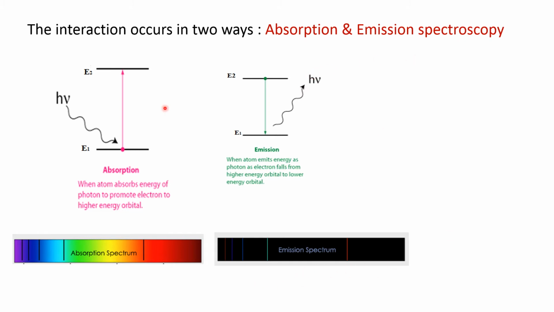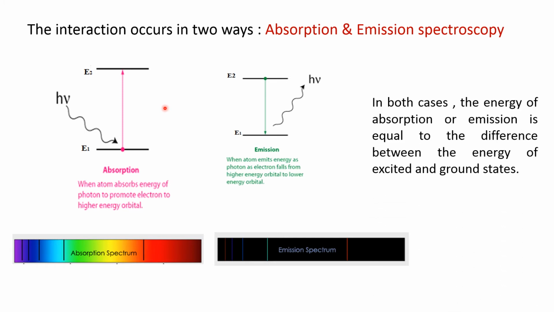And we will get an emission spectrum. So in both cases, energy of absorption or energy of emission is equal to the difference between the energy of excited and ground state, that is E2 minus E1 is equal to h nu.